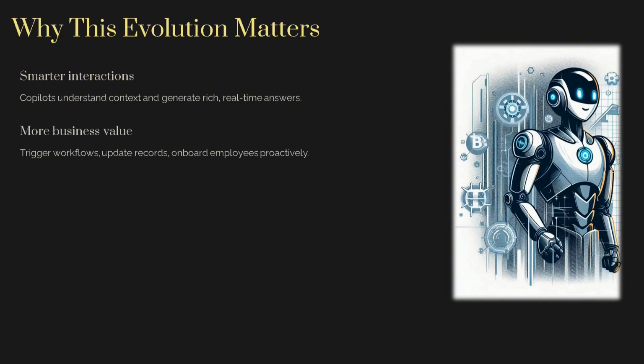Then comes more business value. It helps you to trigger workflows, update records, and onboard employees proactively. Earlier, these tasks were done by human interactions, now the Copilot can do it.